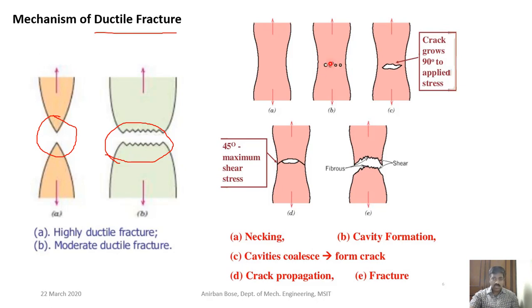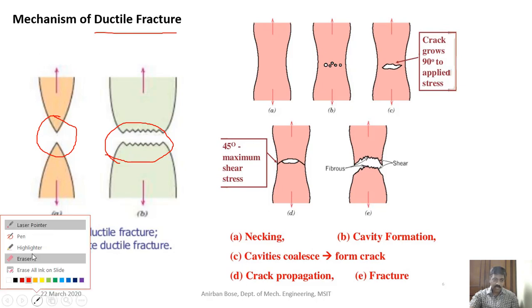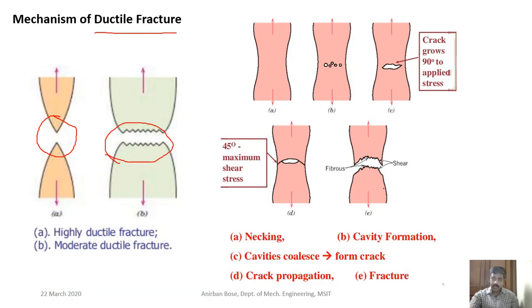Now how these cavities are forming can be explained in this way. Suppose some impurity is present within a ductile material.